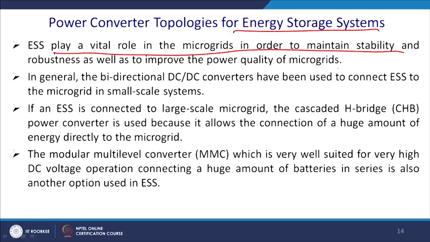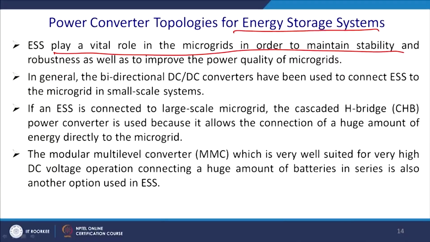In general, the bidirectional DC to DC converter is used to connect these ESS, that is energy storage devices or systems, to the microgrid in small scale systems. If an ESS is connected to a large scale microgrid, the cascade H bridge power converter is used, because it allows the connection of a huge amount of energy directly to the microgrid.